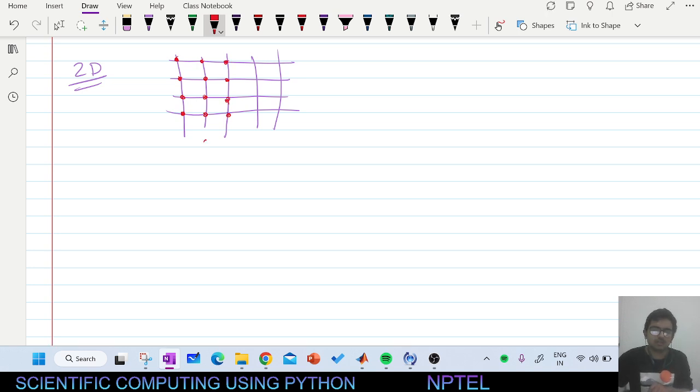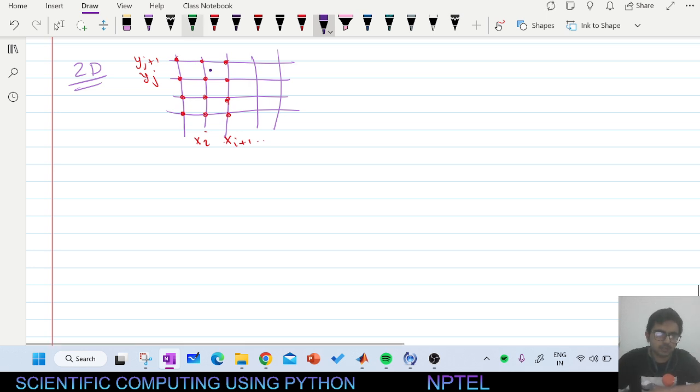And this is xi, so this is xi plus 1, etc., and here it is j, so yj and yj plus 1, etc., and we are interested in finding the value of the function at this particular point, which is somewhere in between. So you can either go first horizontally or vertically.